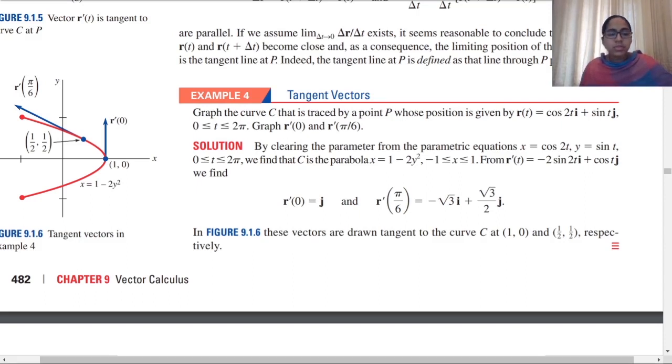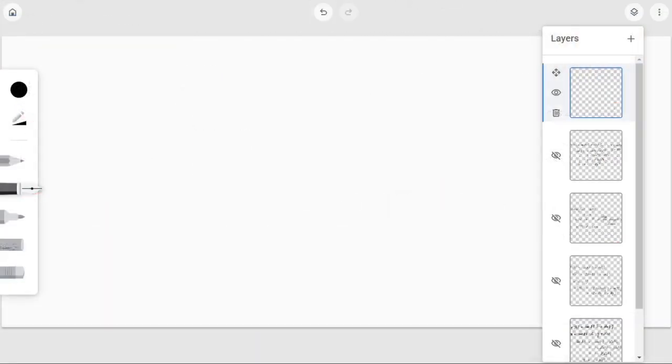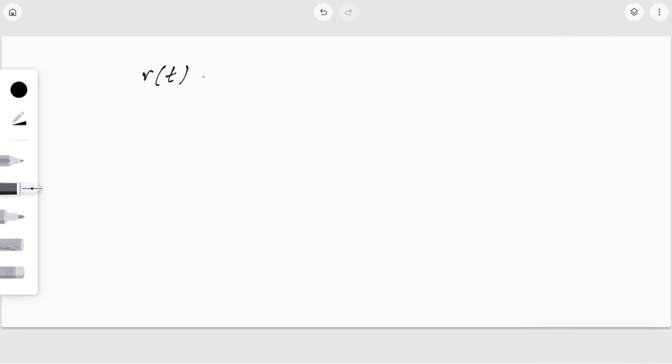For that, first we must find r dash of t. The given position vector is r of t equals cos 2t i plus sin t j.